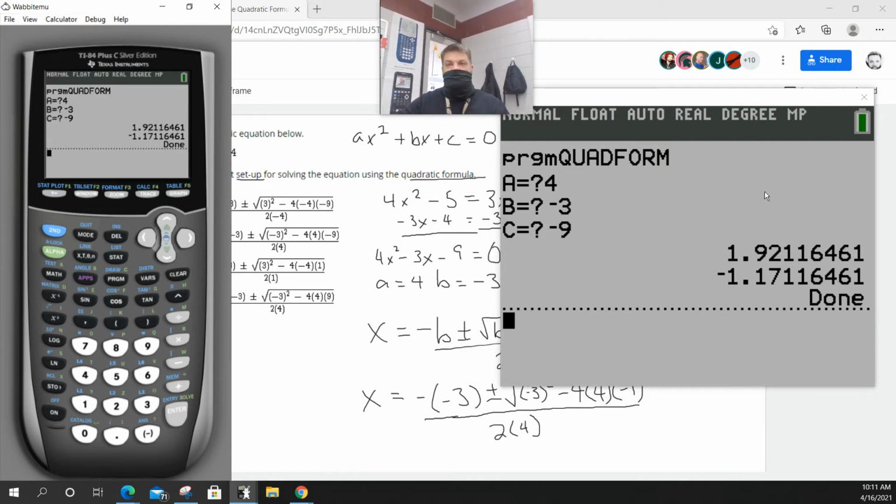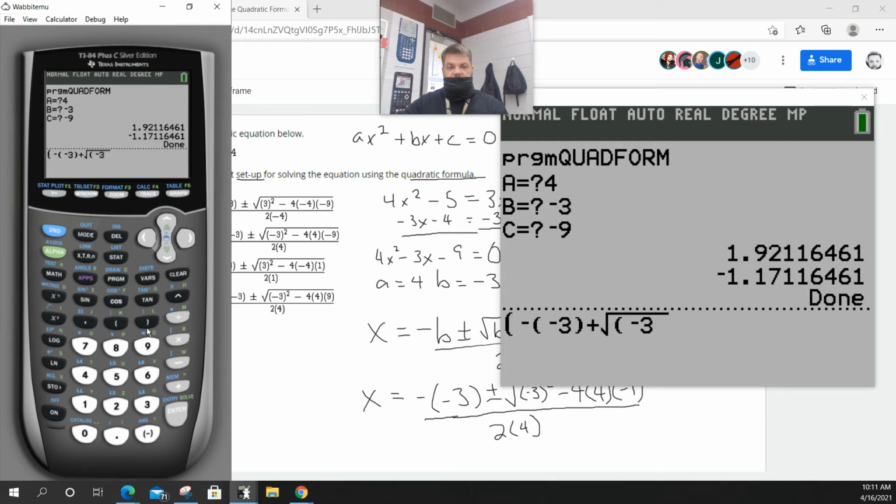We did not reduce this, but I could start parentheses if I hit negative. I'm going to put the whole numerator in parentheses. So I'm going to put negative 3 plus the square root symbol. Start parentheses.